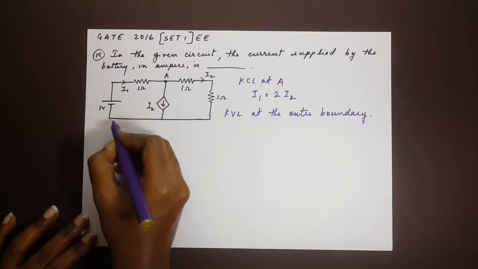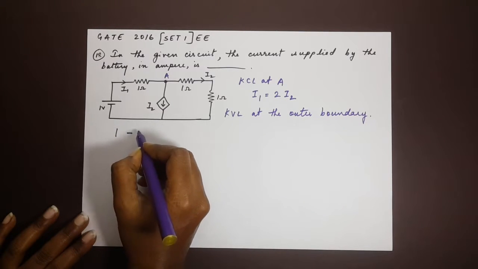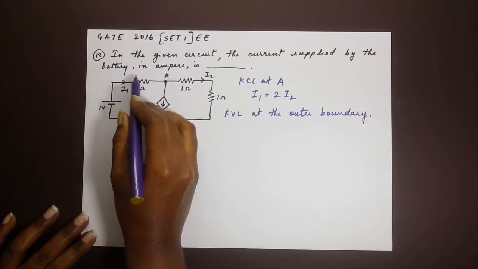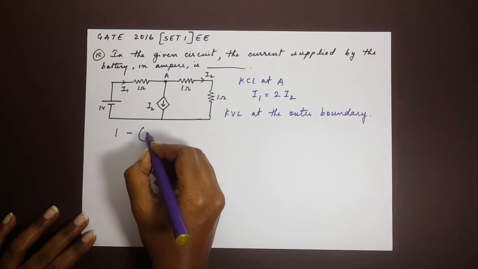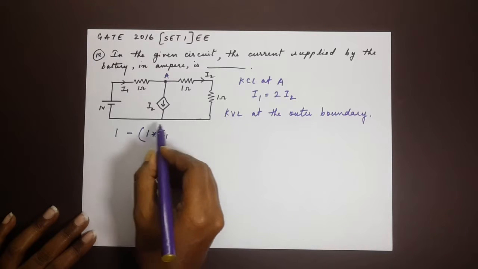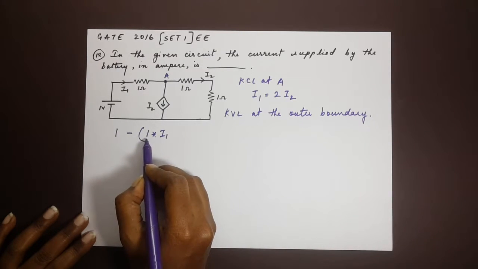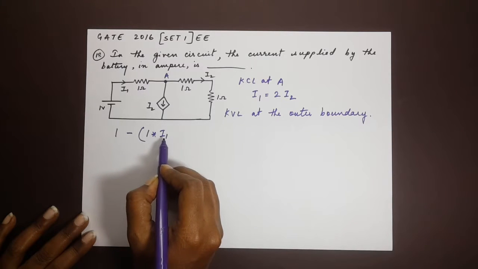We have the voltage here from the battery, 1, minus the current passing through this resistor here. So that's 1 into I1. So voltage is I times R, resistance, I1 times 1.